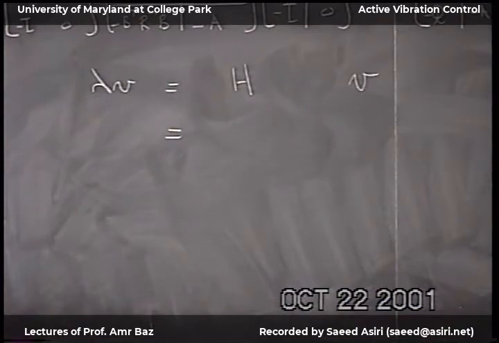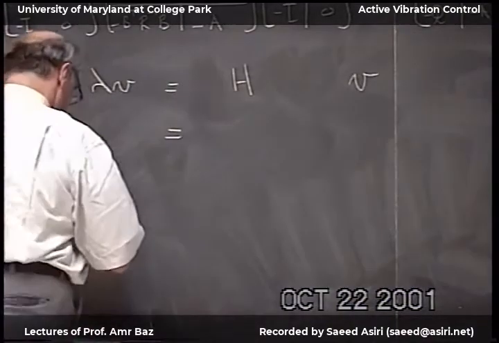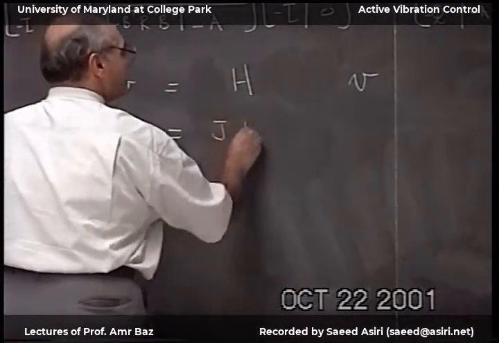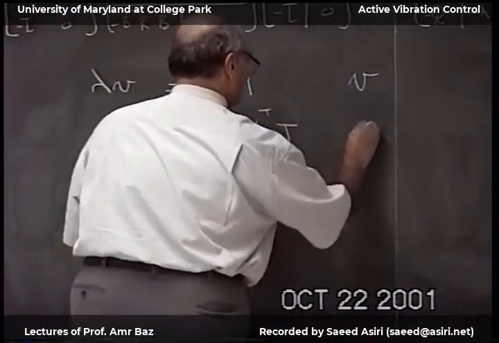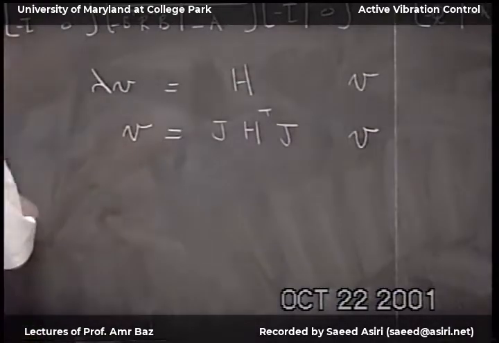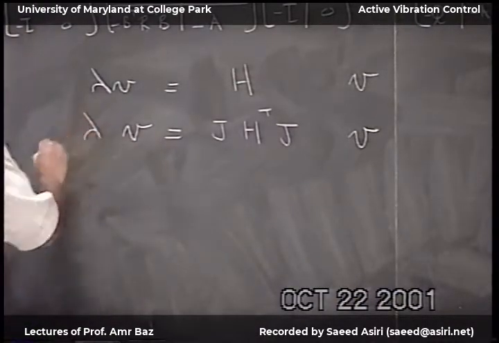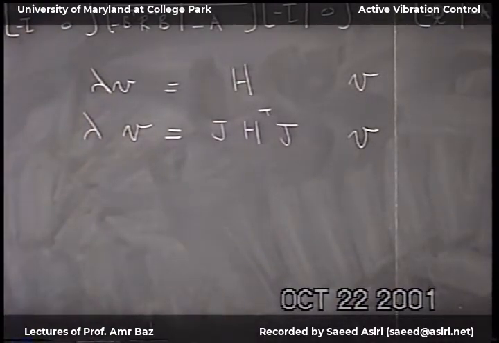I'm going to replace H by this. I'm going to replace this, so this becomes a J, H transpose J, and then V. And then here we have V and lambda. I used this last box to do this transformation.